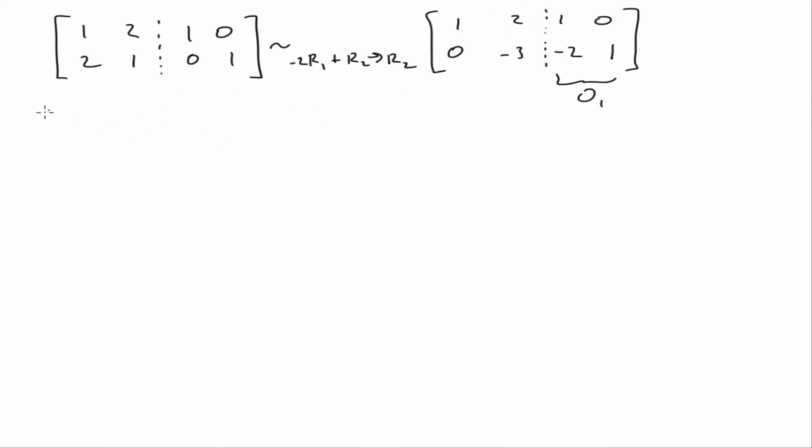So the first thing we can do is actually divide. We'll take row 2, divide it by -3 to get a new row 2. So we're just doing a straight multiplication of rows. And then we get a 0, we get a 1 there, and then we get a positive 2/3, and we get a -1/3 there.